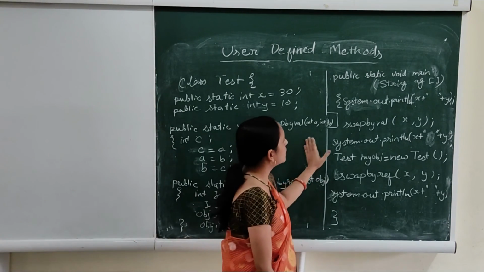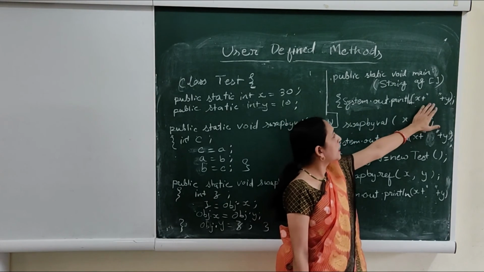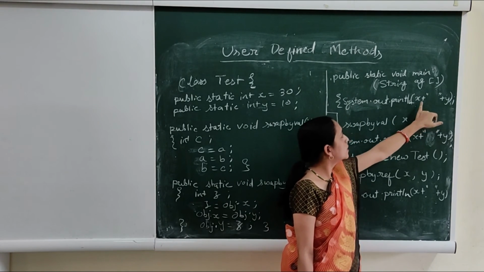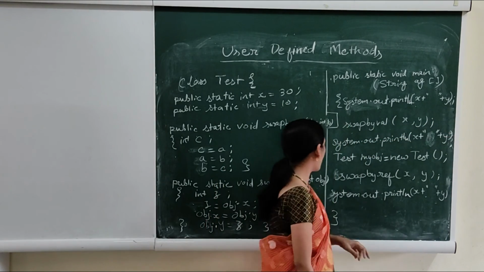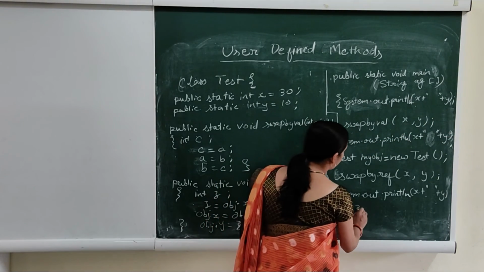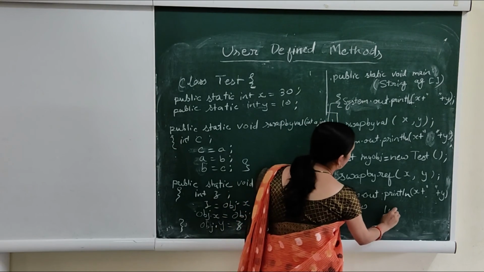Now how will this program execute? First, whatever the actual arguments are, it will print them. What is the x value? It is 30 and the y value is 10. So the first time it will print 30 and then 10.